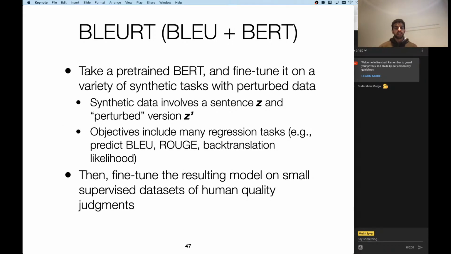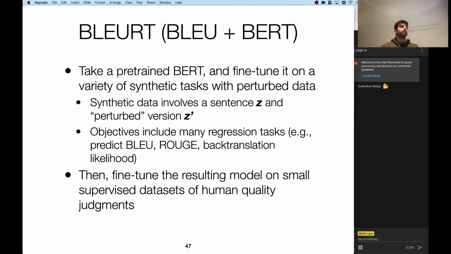So one of the readings for today was the BLEURT paper, which very cleverly combines BLEU and BERT together to form BLEURT. Basically, they take a pre-trained BERT model. They have a bunch of these synthetic pre-training tasks, which are really not super critical to understand.